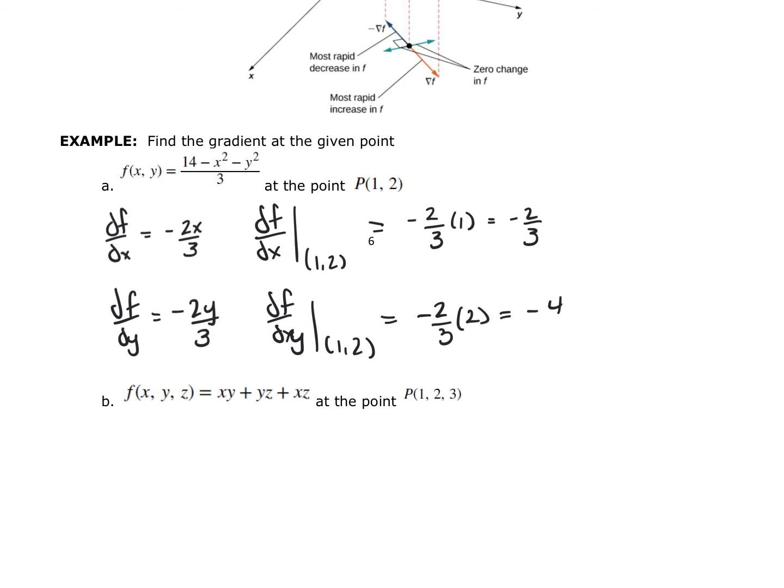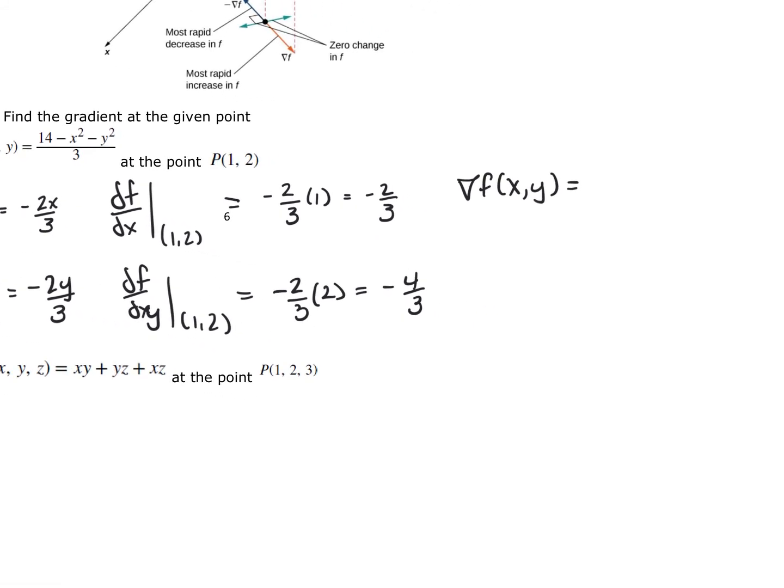So this is negative 4/3. Now that is the multiplier on the j component. So my gradient of f of x, y is going to be equal to negative 2/3 in the i hat direction and minus 4/3 in the j hat direction. Now this is nothing new. We've been doing this. We just didn't call it the gradient.